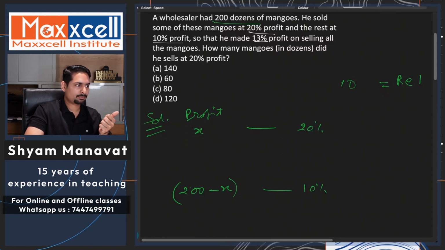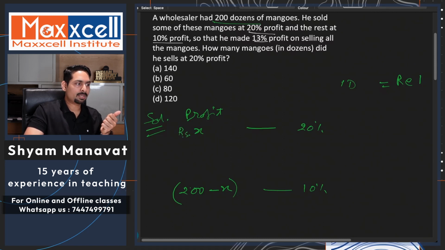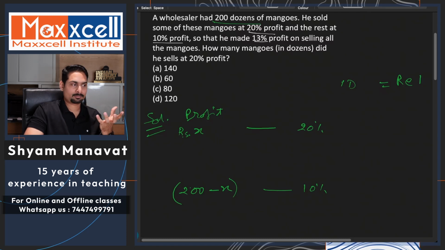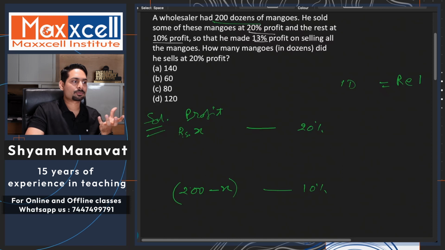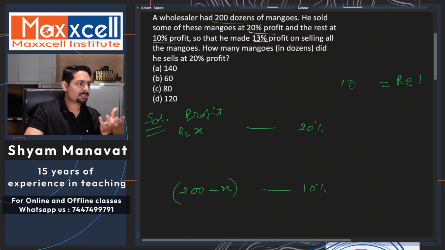This is the cost price. And 200 minus X is the quantity in terms of dozen. 1 dozen costs 1 rupee, so 200 minus X dozen should cost 200 minus X rupees.